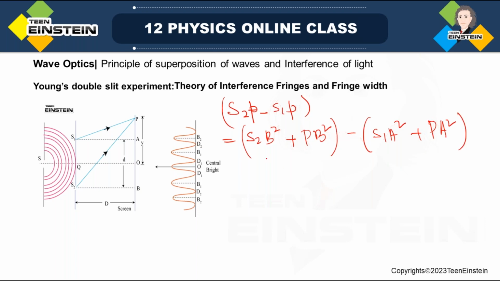Okay, so if you don't remember, you don't have to remember, but you have to just try to draw this figure. Now this S2B and PB. So PB means what? PB. This much is actually d by 2.